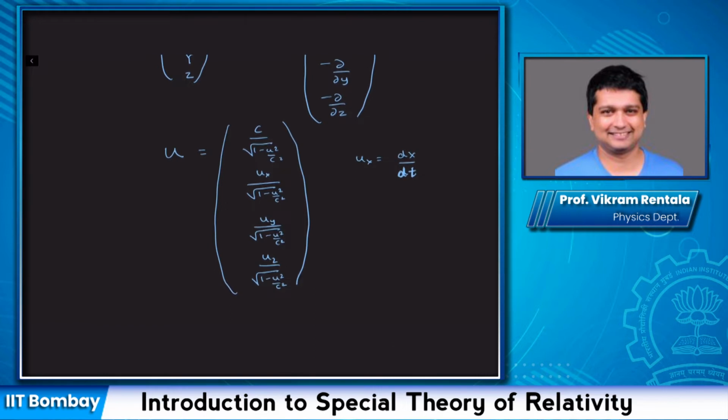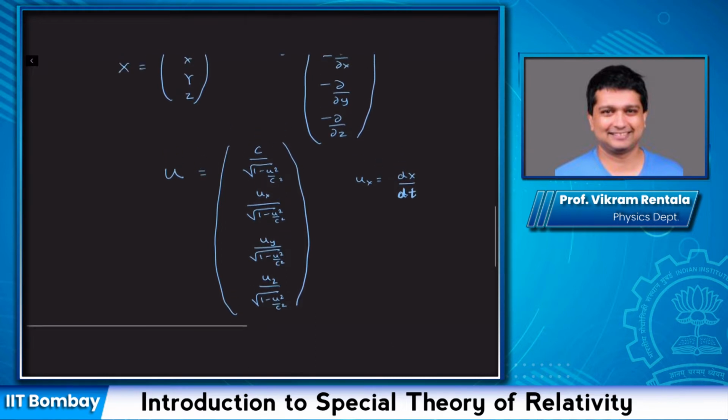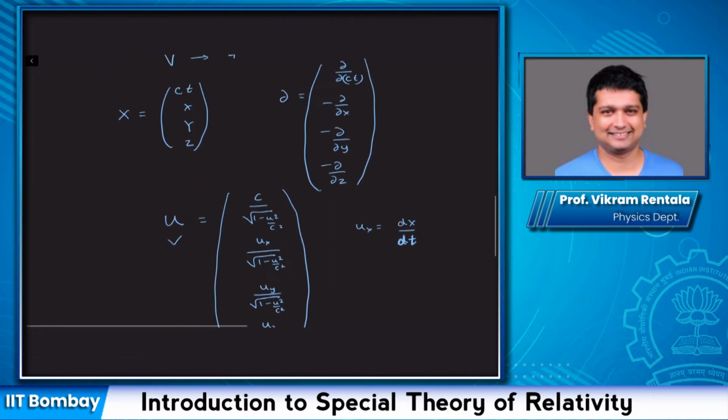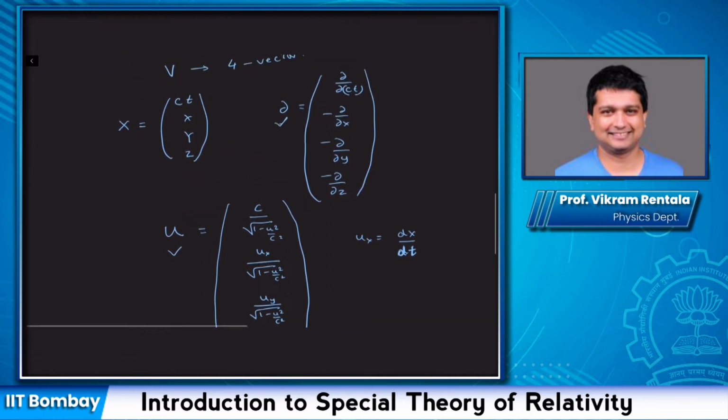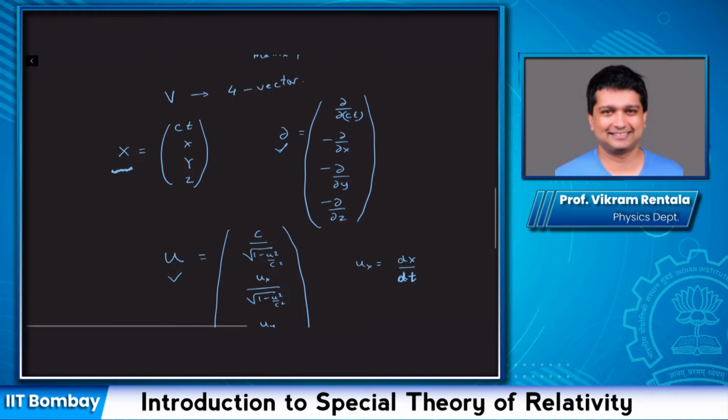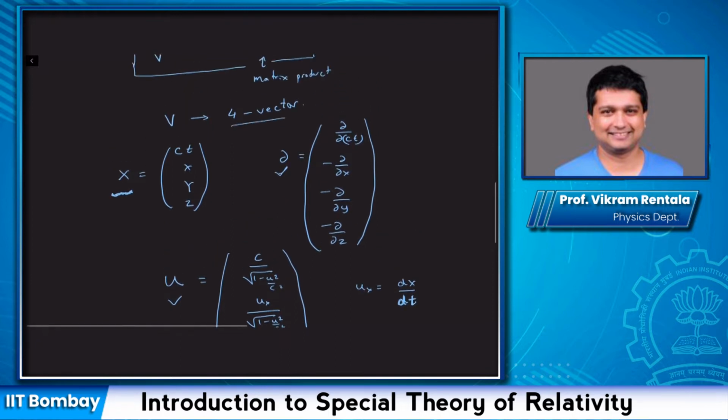Okay, for uy and uz. So the transformation laws for u and this quantity partial were derived from the transformation law for x, and therefore we found that partial and u also transform like 4 vectors.